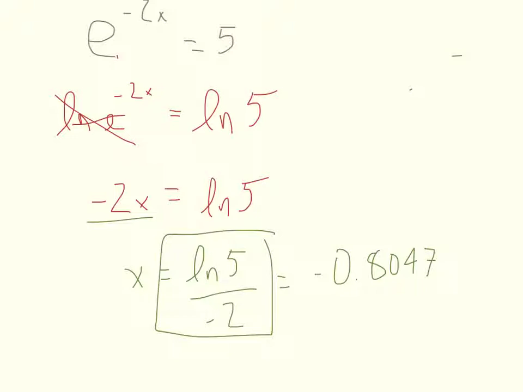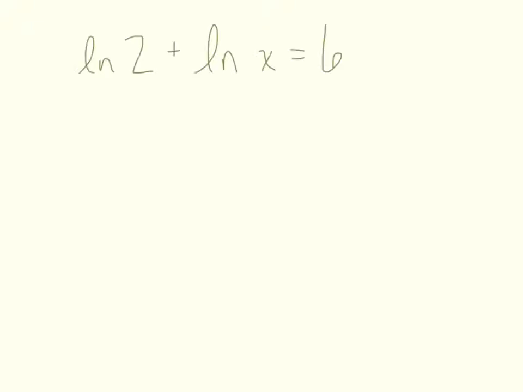Alright, now here's another tough one a lot of people make a mistake on. A lot of people make the mistake on this problem, natural log of 2 plus the natural log of x equals 6, because they think, alright, since this is a number, and I could actually type that in a calculator, all I need to do is figure out this, subtract that from 6, and then do the e to that power to get rid of that.